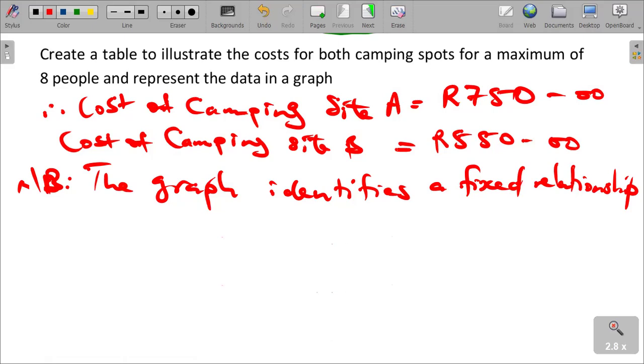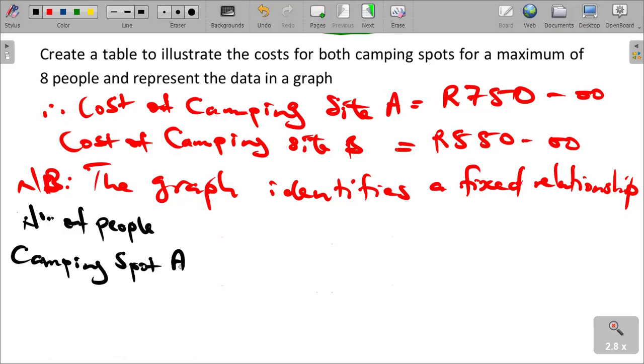So as we draw the graph, our graph should have number of people, and then we have camping spot A and camping spot B. So this is what we need to do.